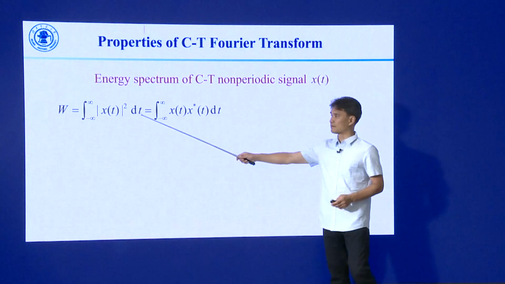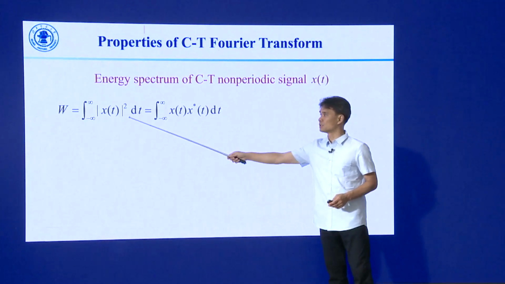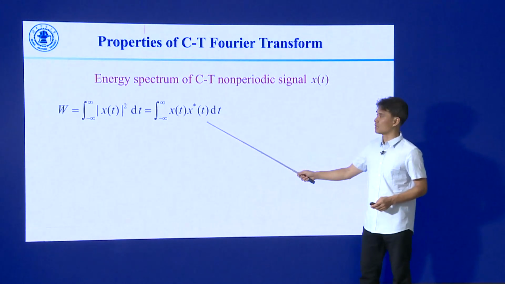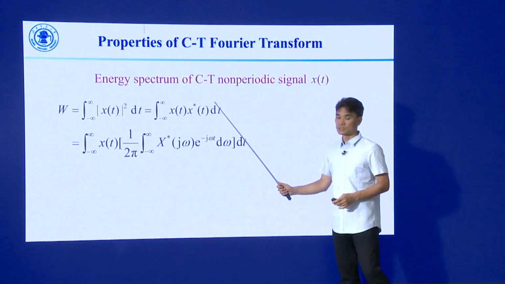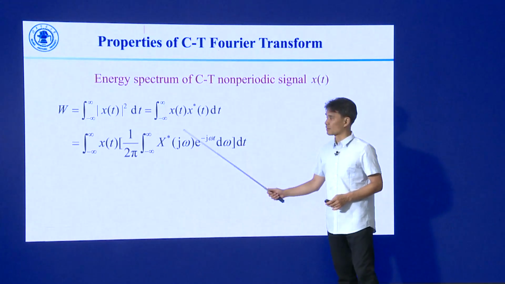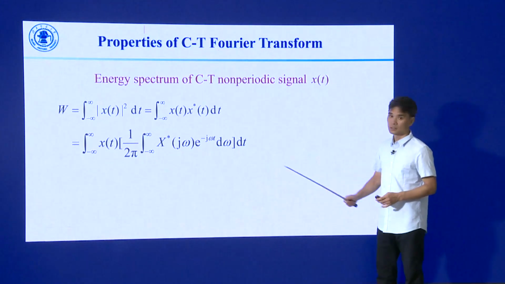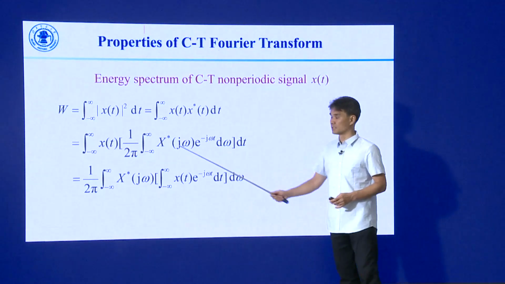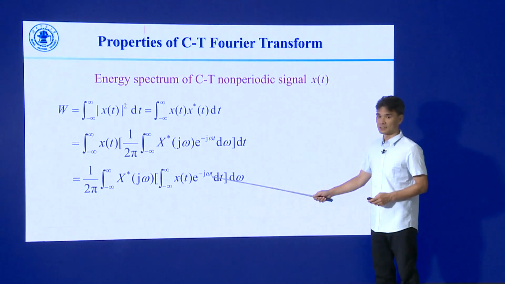So this is the definition, and we can break the square into the multiplication of the original signal and its conjugate. Now introduce the inverse Fourier transform. We can rewrite the second term in an integral. And now we can try to switch the order of the integrals. We get this definition.